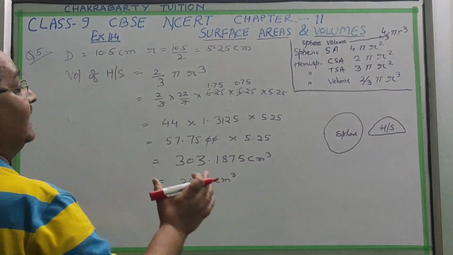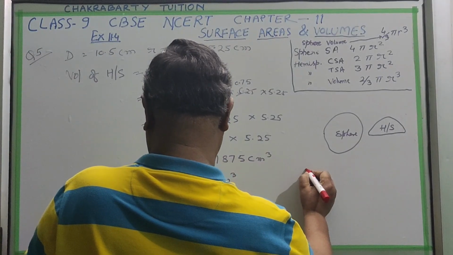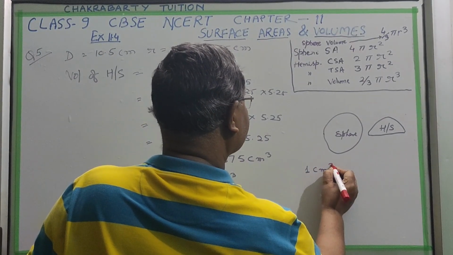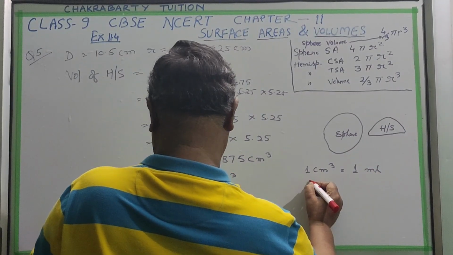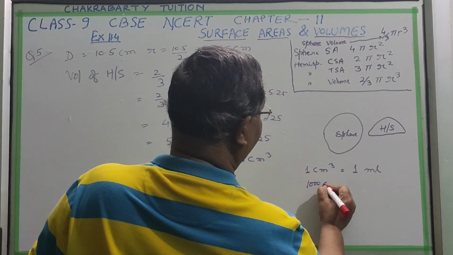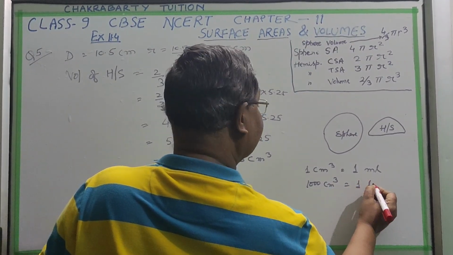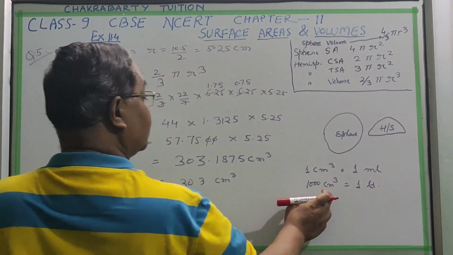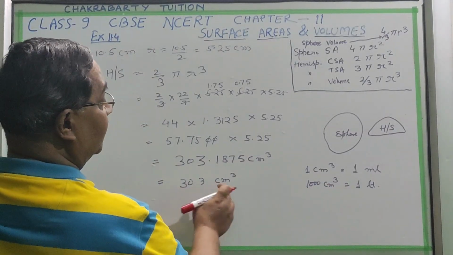Okay, now you have to find the liters it can hold. So the formula is 1 cm cube is equal to 1 milliliter. So 1000 cm cube is equal to 1 liter. So for this we will convert to liters.